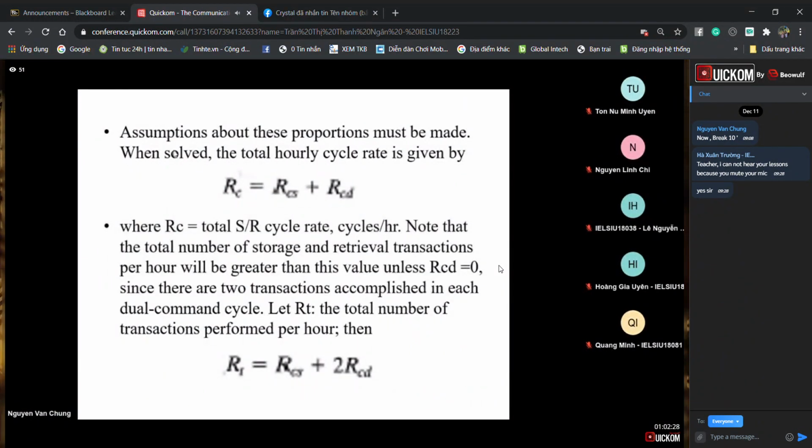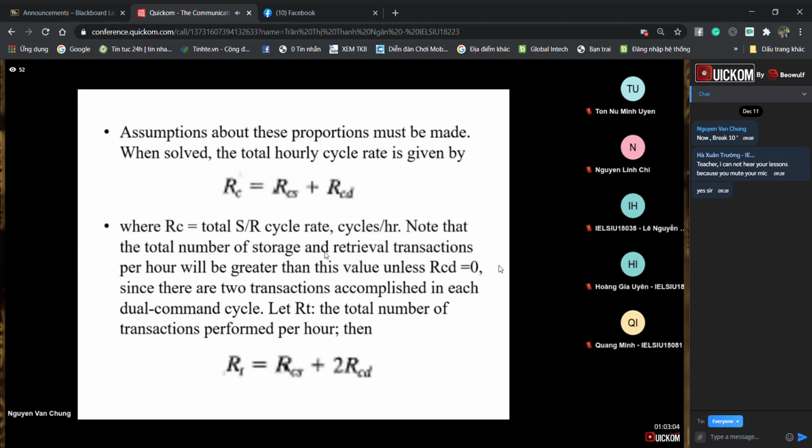Assumptions about these proportions must be made when shown from the total cycle rate, given by RC. So like that, the total SR cycle rate, cycles per hour, is RCS plus RCD.